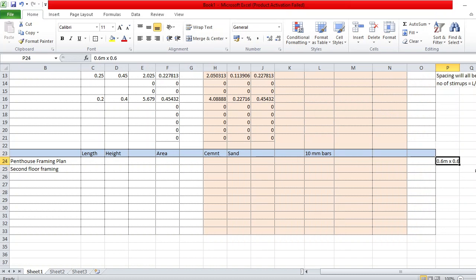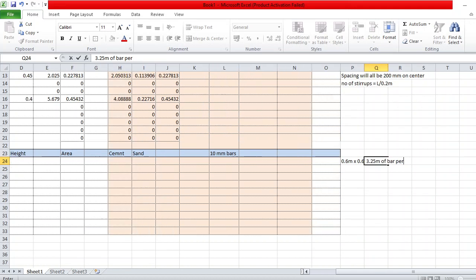Okay? Sa 0.6 by 0.6 na spacing, you use 3.25 meters of bar per square meter. What does it mean?